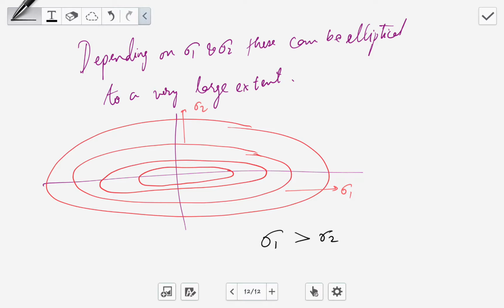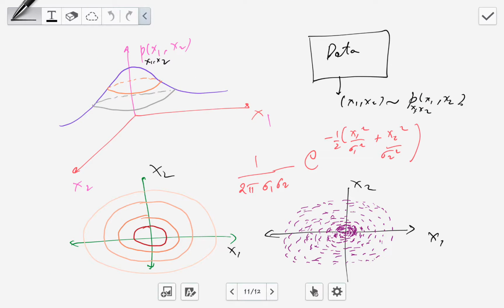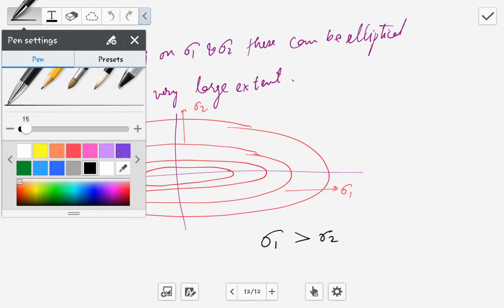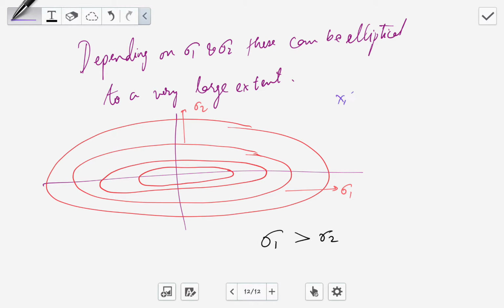What you are doing is making this a constant to draw that. So that's an ellipse. We are doing x1 squared by sigma 1 squared plus x2 squared by sigma 2 squared is equal to constant. And we are changing this constant to draw different ellipses.